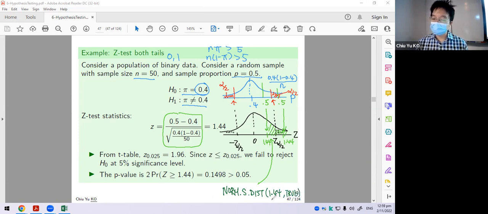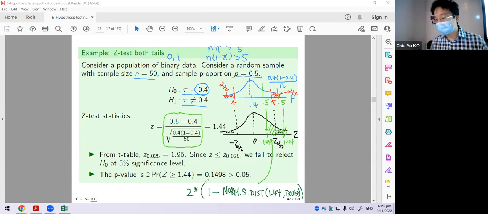But this only gives us the left-hand side, so you need to subtract from 1. That gives you the right-hand side, and then you multiply by 2, which gives you the p-value.